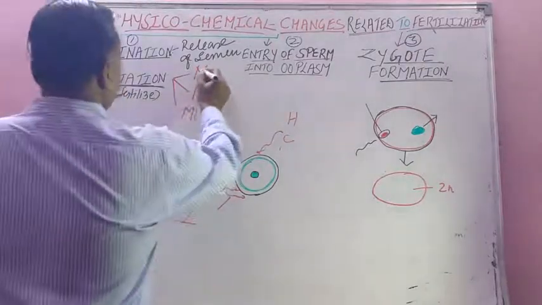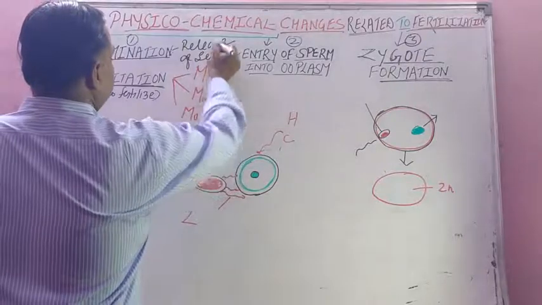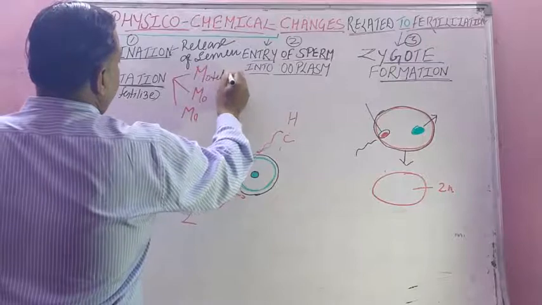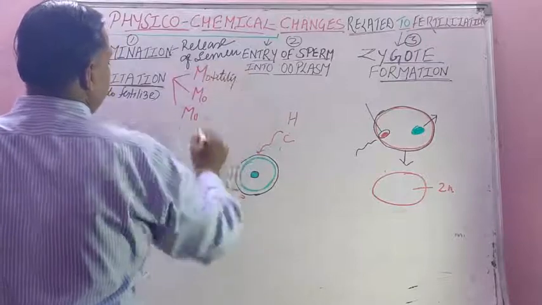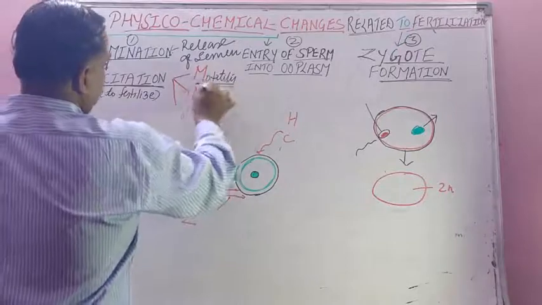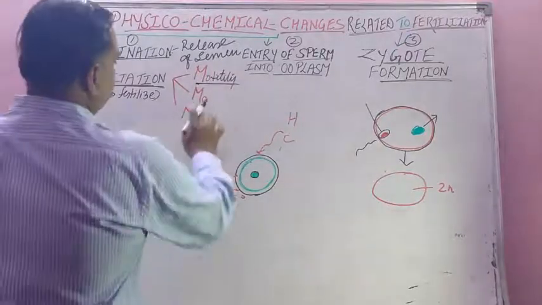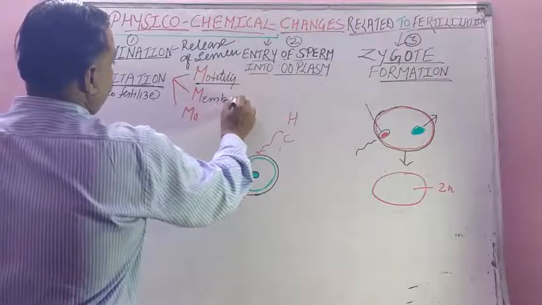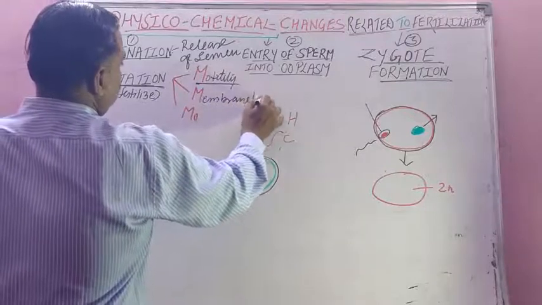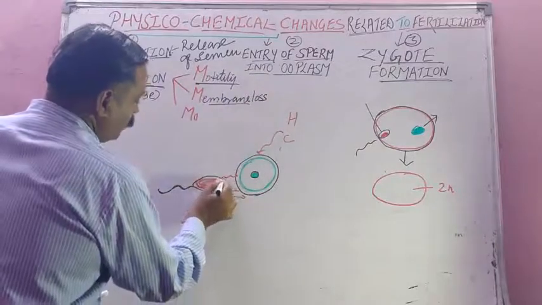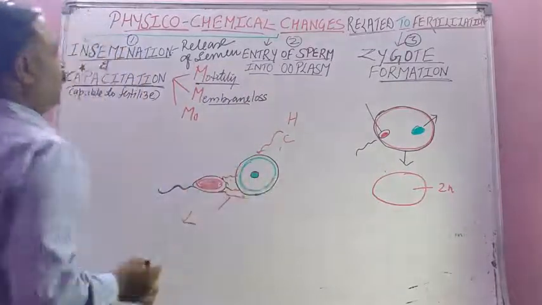1M stands for, student, the motility of sperm. Sperm develop tail and become movable. And then second M, student, membrane loss. Membrane over the acrosome is lost to secrete lysine hormone.